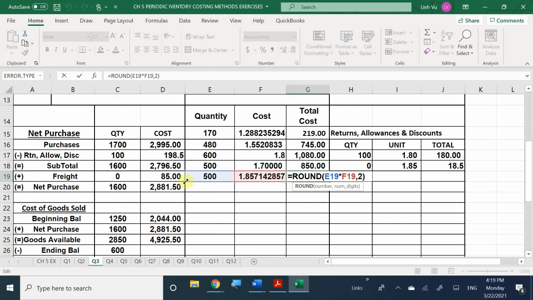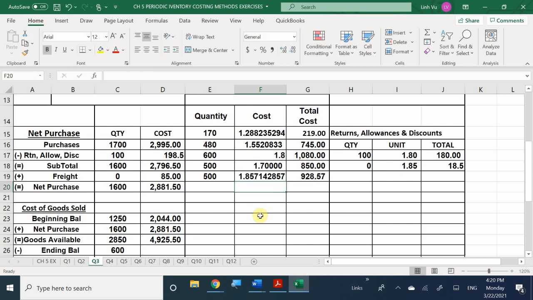F19, this one. Yeah, the equation. Okay. All right. So, did you get 928.57? Yes. Yes. Perfect.